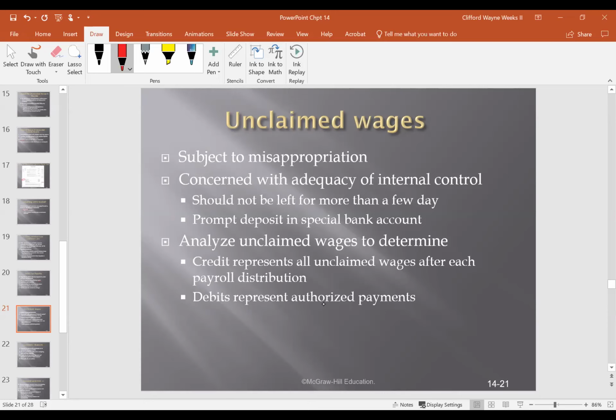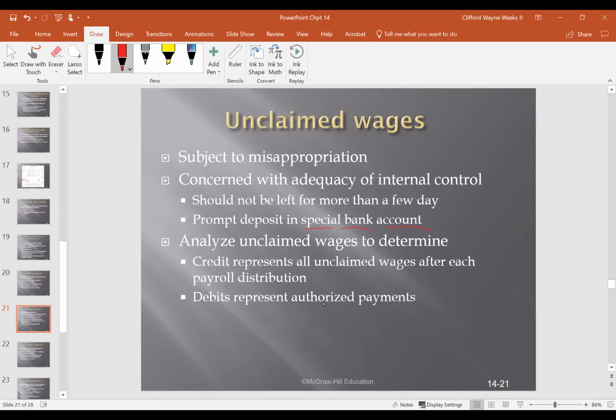But really, with unclaimed wages, the deal is it's subject to misappropriation. You're concerned with the adequacy of internal control. It should not be left for more than a few days, with a prompt deposit in a special bank account. Generally checks are good for 90 days, and you do not want to put these dollars back into your general operating fund.